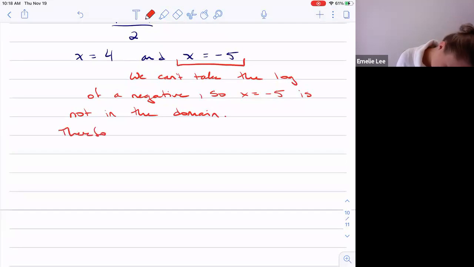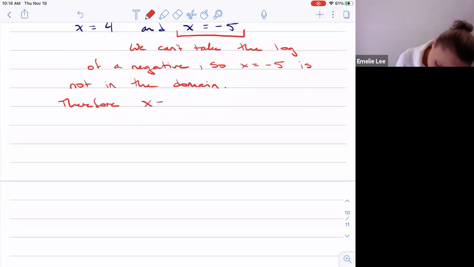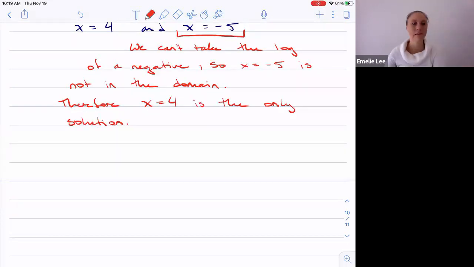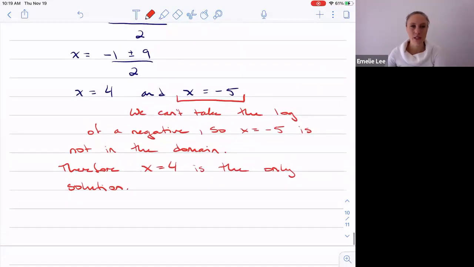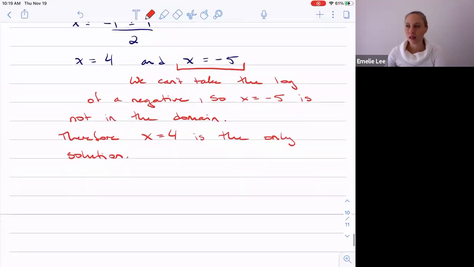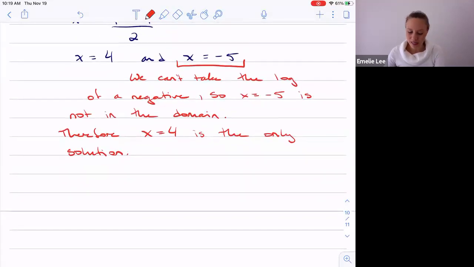Therefore, x equals 4 is the only solution. Okay. So that's important to keep in mind, right? I'll admit, sometimes it's hard to remember, oh, I can't have a log of a negative number, but you should always check your solution to make sure it works back in the original equation.